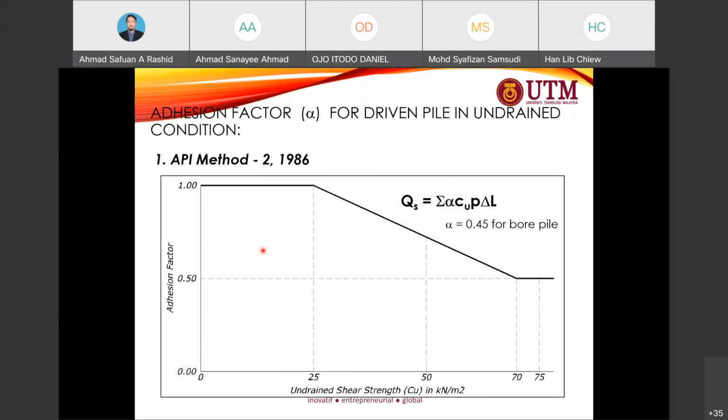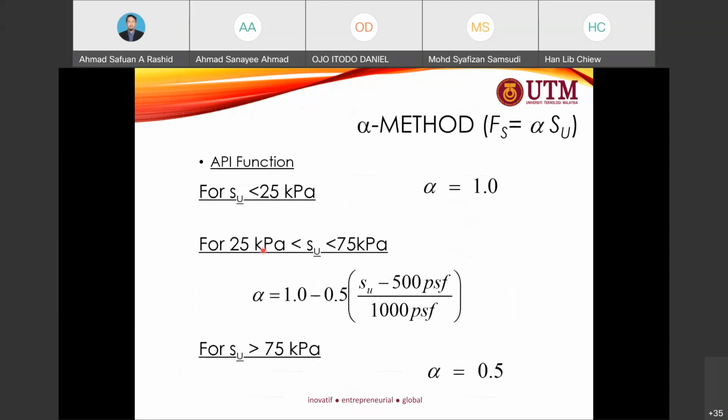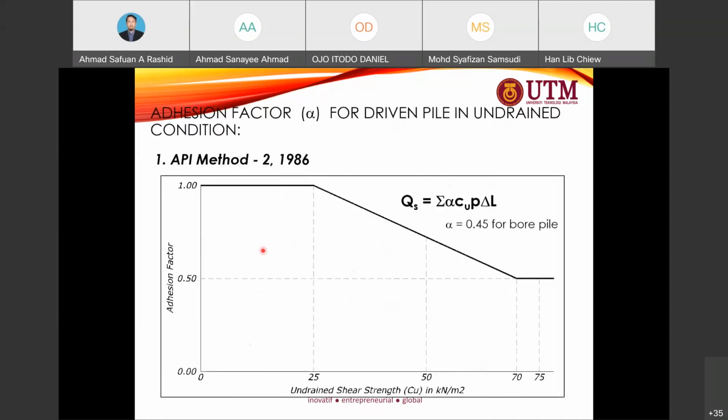This is the chart to determine the alpha value, the adhesion factor. We can use this chart rather than this kind of statement.